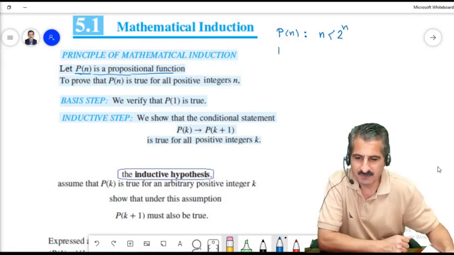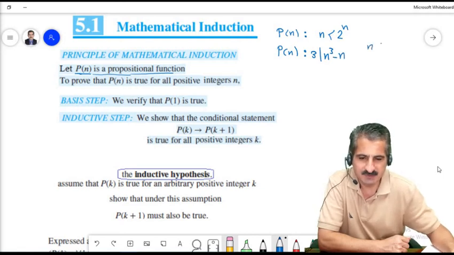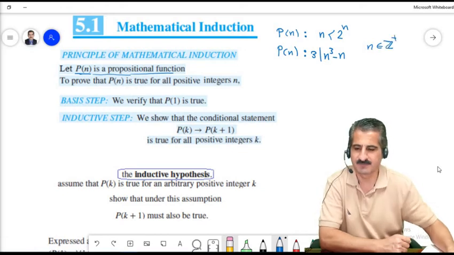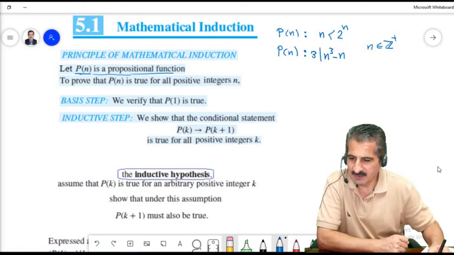Or it might be some other statement like 3 divides n to the power 3 minus n, where n here is any positive integer. So what we want is to prove that such a statement P(n) is true for all positive integers n.